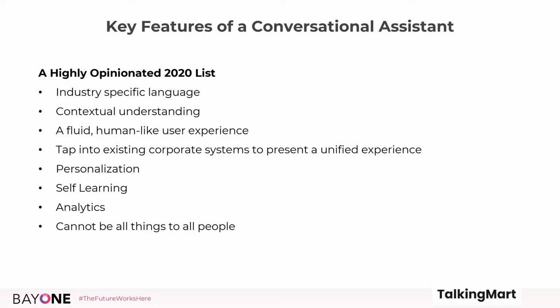I mean, it's, I don't know, medicine, or it's industrial spare parts, or it is the world of art. Every industry, every field has its own language. The conversational assistant should be able to go and deal with it. Contextual understanding is key. People are making a lot of strides in this field so far already, but still not there yet.